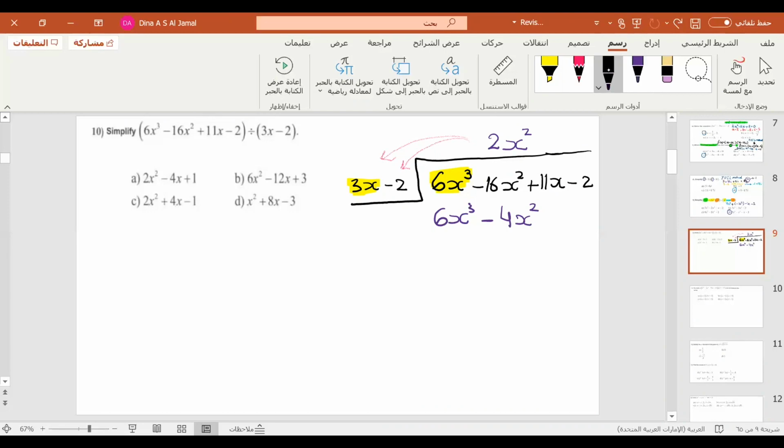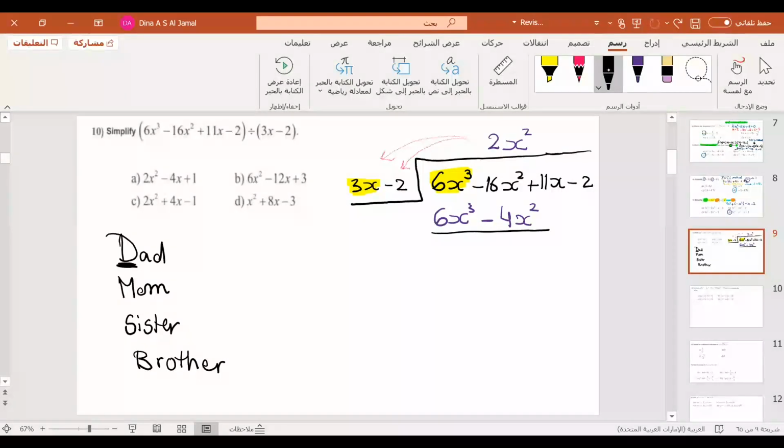So in my class, I told my students that they can use the method of dad, mom, sister, and brother. What do I mean by each of them? Dad, that means you have to divide 6x cubed by 3x. Mom, that means you need to multiply the term that you got above by each of them.